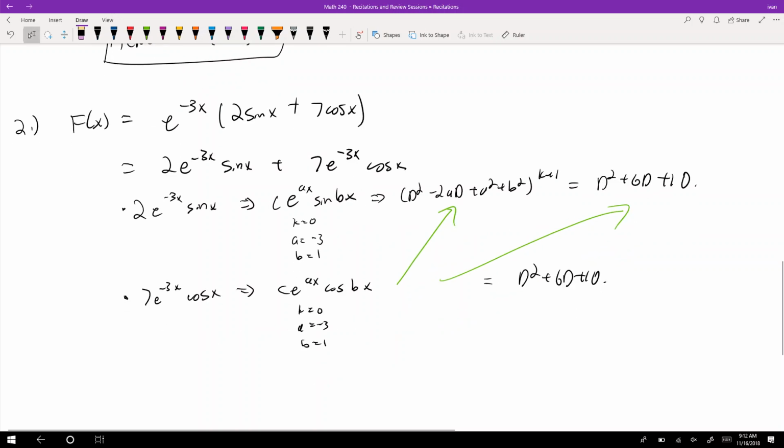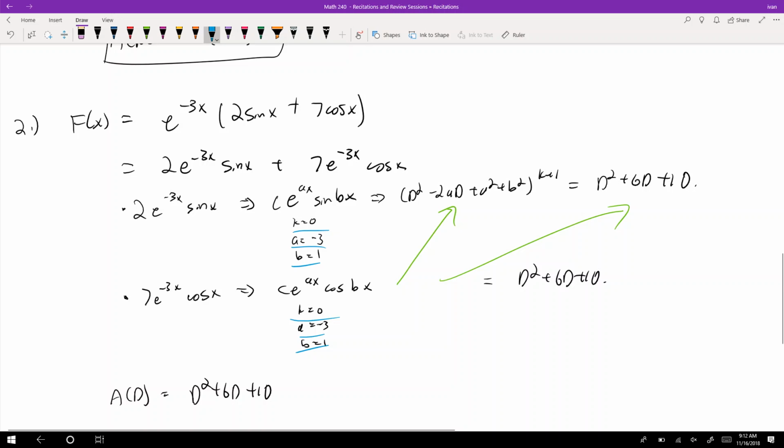So here's the thing, right? If we write A of D down, we have d squared plus 6d plus 10, but we really don't have to multiply them by each other, because we're killing the same thing. You'll notice since the a and the b are the same, and the k's are the same across both of these terms, we get the same annihilator for both terms, which means that the same annihilator will just kill both terms.